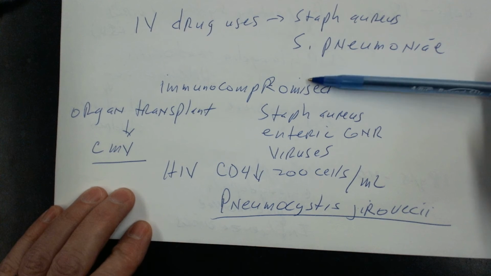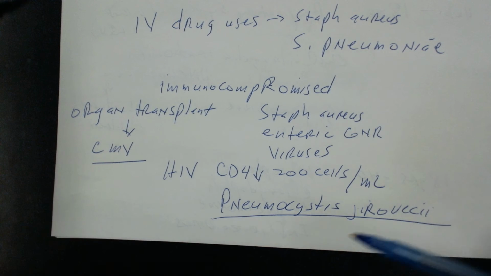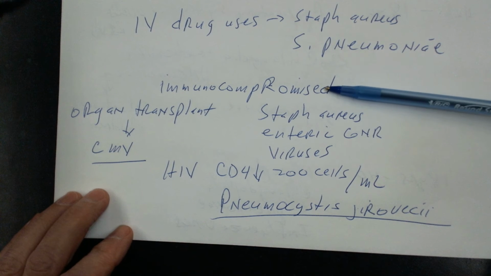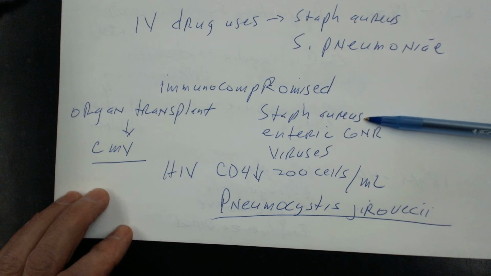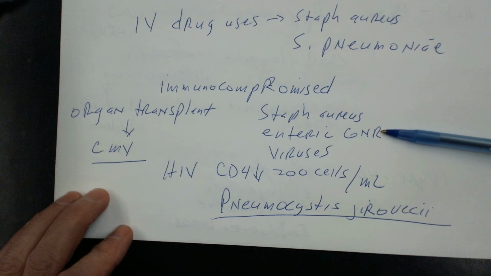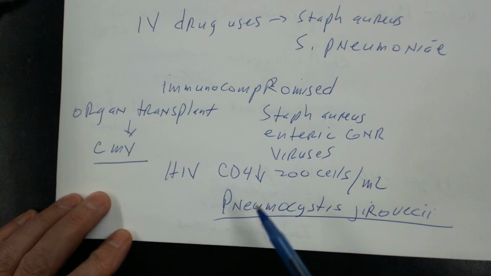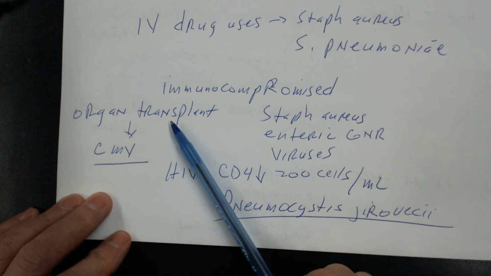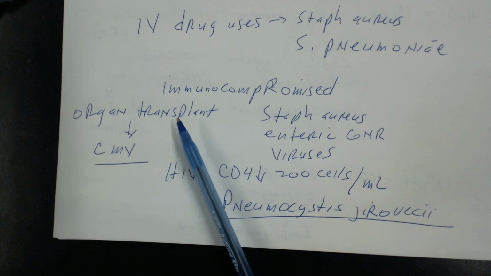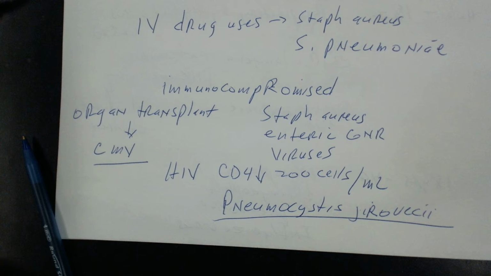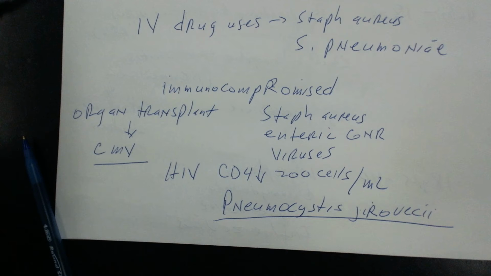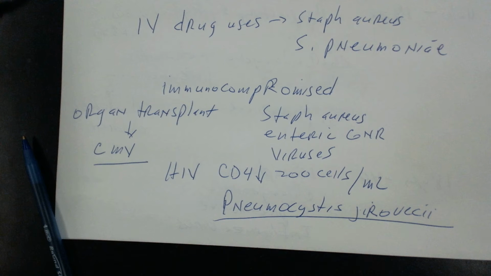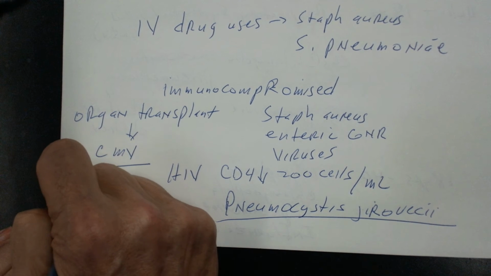And then your immunocompromised patients are a class unto themselves. The most common causes of pneumonia in this group are Staphylococcus aureus, enteric gram-negative rods, and viruses. Organ transplant patients, the most common cause of pneumonia is cytomegalovirus. And in those patients, you'll tend to see pneumonia with intranuclear and cytoplasmic inclusion bodies.